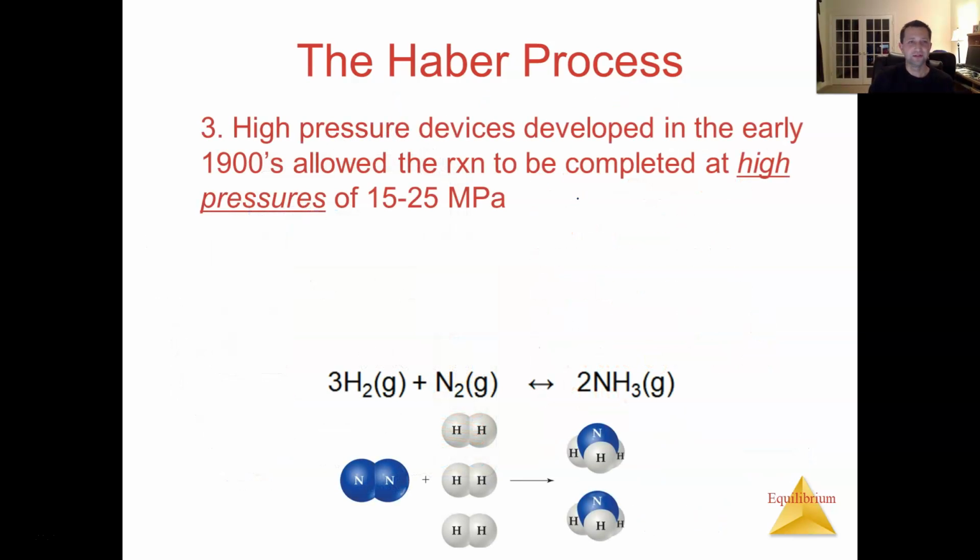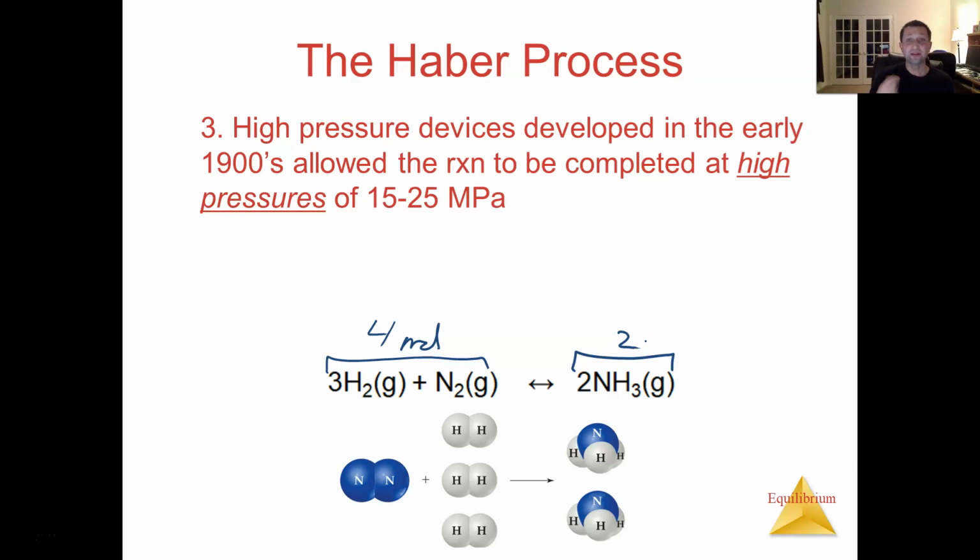do. Something else that you could do is look at what happens here. At high pressure, in the 1900s, they figured out how to do this. You can complete this reaction and push it to the product side even more. All right, so if you look at changing the pressure, we focus on moles of gas. So we have here 4 moles of gas, and here we have 2.